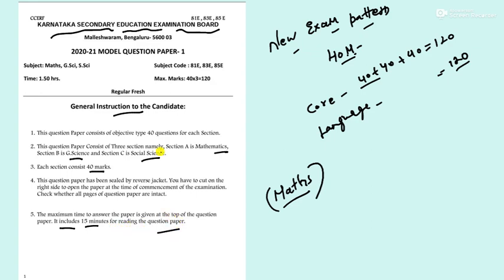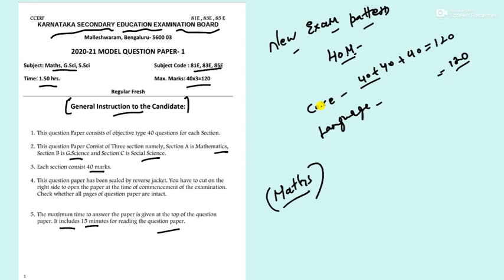So this is a model paper, which means when you are going to write the exam, a similar question paper will be provided to you and the same instructions will be given over there. You can see here the codes, the marks, the subjects and the maximum duration, 150, 1 hour 50 minutes. So this is it about the paper pattern.